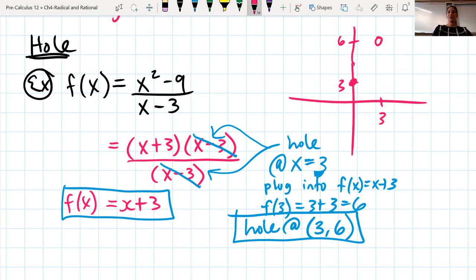At that point, I'd have a hole there. So it would be a line that goes like this, but at the point (3, 6), it would leave a hole in my graph. So that shows you how this looks graphically, or the impact that it has when we can cancel out factors at the top and the bottom.